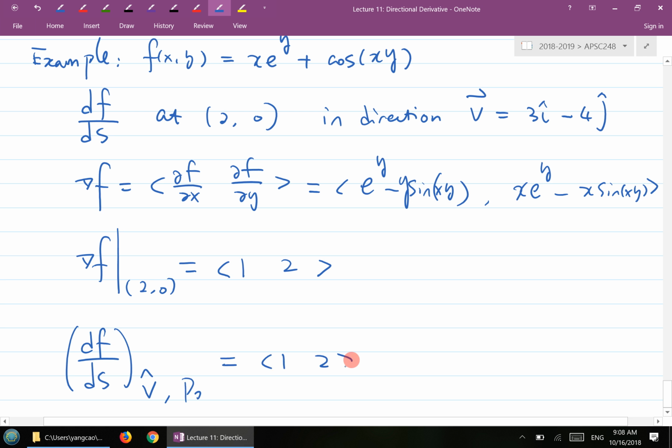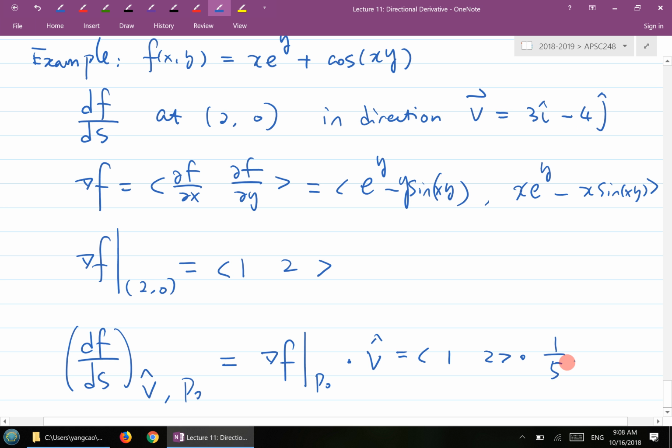So I already calculated the first term, so del f, maybe I'll just write the whole thing down here. Del f at p naught dot v hat, which is (1, 2) dot v hat. So normalize v into unit vector v hat. 3 squared plus 4 squared is 25, and the square root is 5.